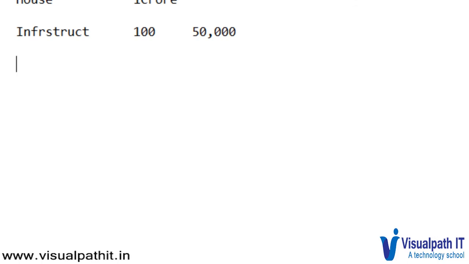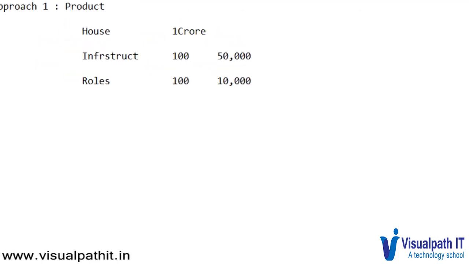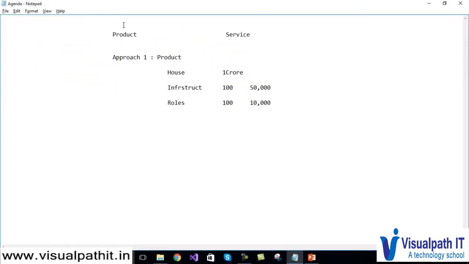Now, you would like to hire some employees. So on rolls, you take some employees. Let's say you took 100 employees and you're paying them some 10,000 per month. Again, remember, these 100 are your own employees, your own product. You started the business on, let's say, January 1st of a particular year, let's say 2019.